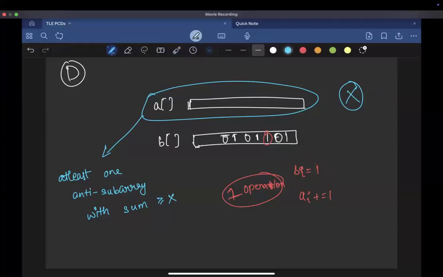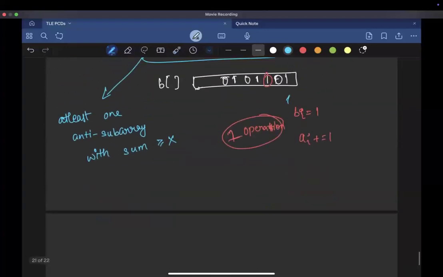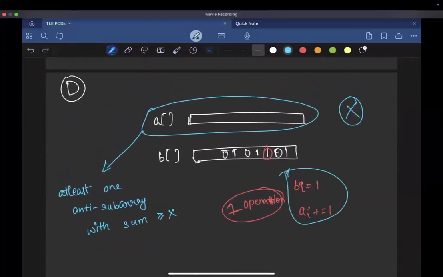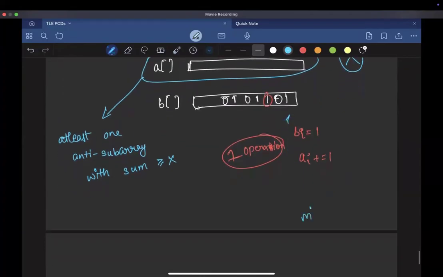Next, we want to do this in the minimum number of operations, and we have to tell the minimum number of operations required only.